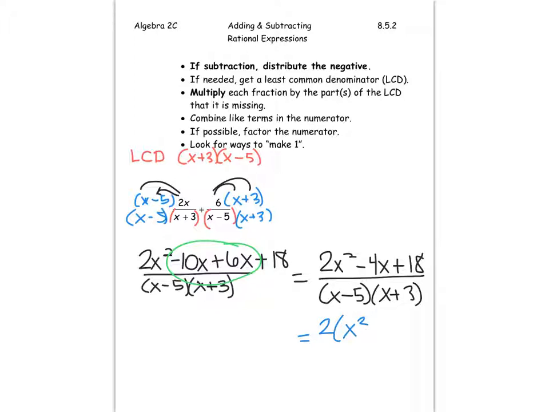So then we'd have x squared minus 2x plus 9. And I can ask myself, now that a equals 1, if there are two numbers that multiply to 9 and add up to be negative 2. 3 and 3, 9 and 1 do not add up to negative 2. So that is as simplified as my answer can be.